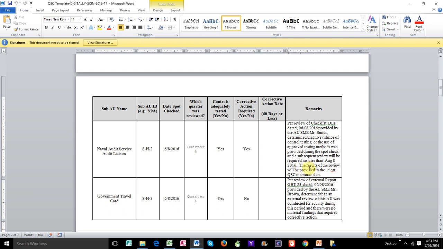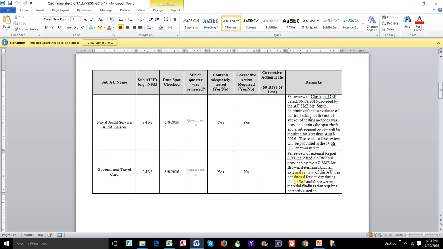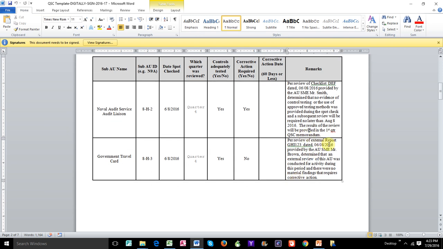And you'll say that the result of that will be in your subsequent memo. And then finally, per review of external report GHI 123 dated 6/8 provided by the AU, determined that an external review of this AU was conducted and that there were no material findings that required corrective action.